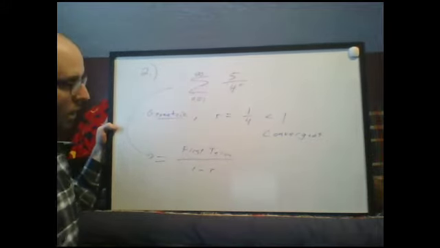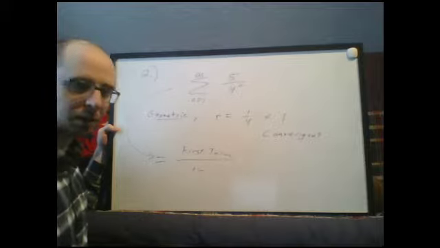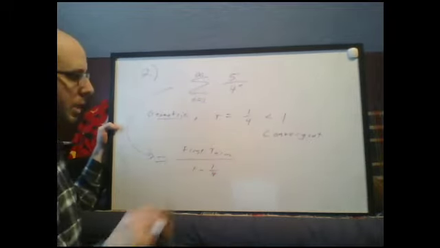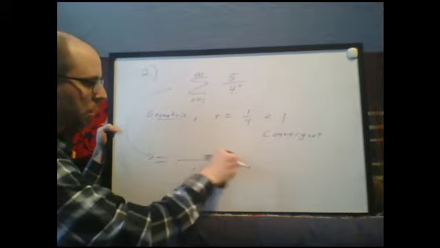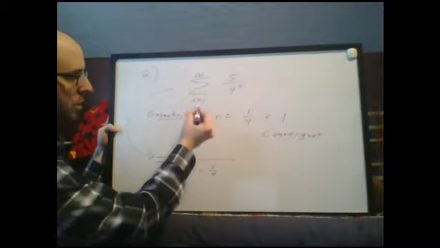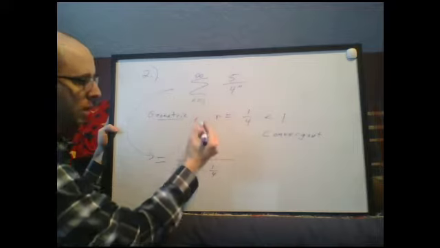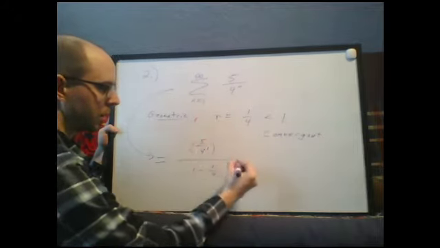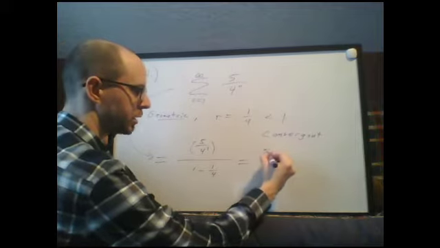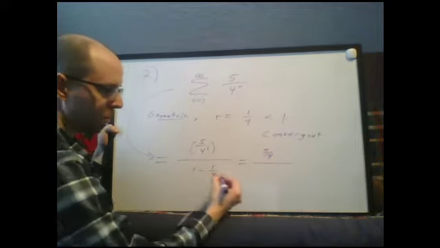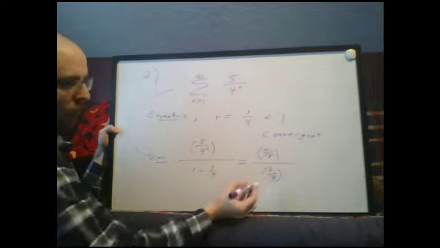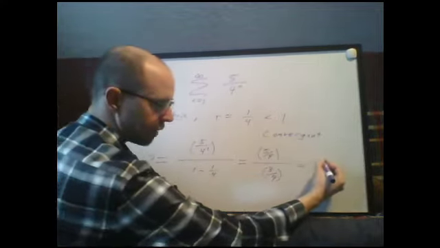So r is 1/4. And then the first term is whatever we get when we plug in our starting n value. So our smallest n value, which is 1, that's going to be 5 divided by 4 to the 1 power. So we've got 5/4 on top, divided by 1 minus a fourth is 3/4. When I divide, the fourths are going to cancel and give me 5/3.